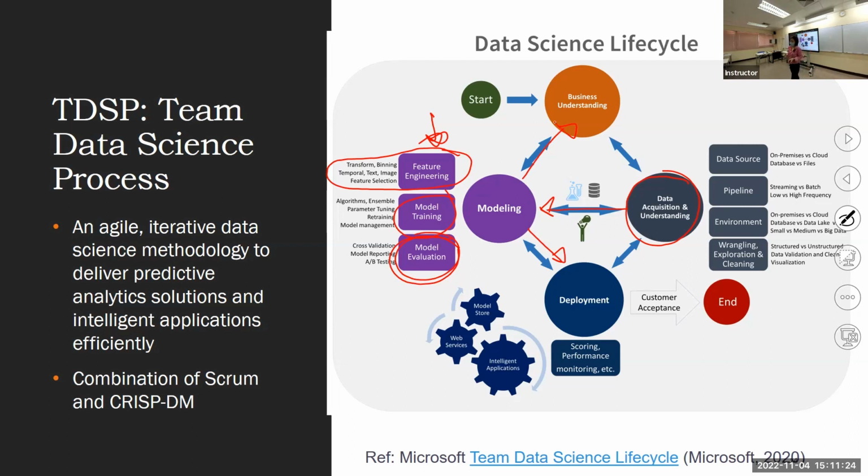Maybe you don't understand well what to do, what to get, what to achieve. Maybe your data is not good enough, so you get more. Do more of the data part, and then go back to the modeling again, until you are happy with your model result, then you can do the deployment.